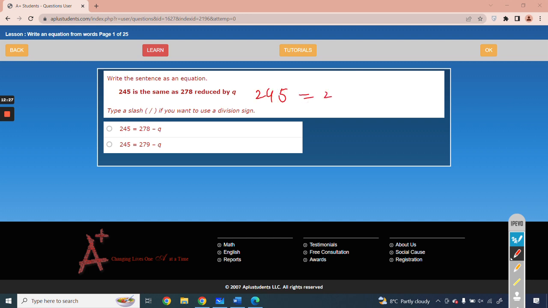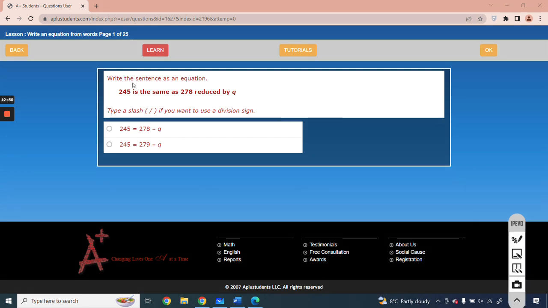It would be 278 subtract Q. So 245 is the same as, they are equal to, 278 reduced by Q. Reduced by Q means you have to subtract. It is 278 take away Q. Got it? So option number 1 is the correct option. So just select the correct option and click on the OK button.